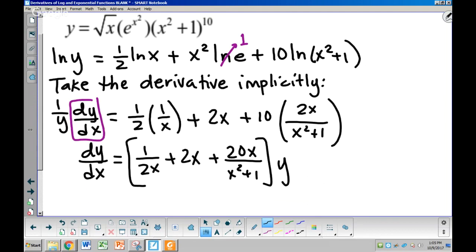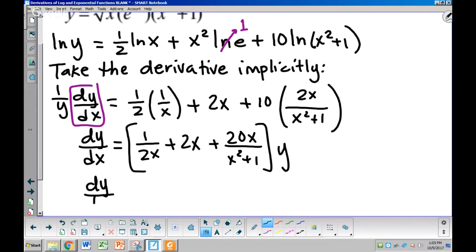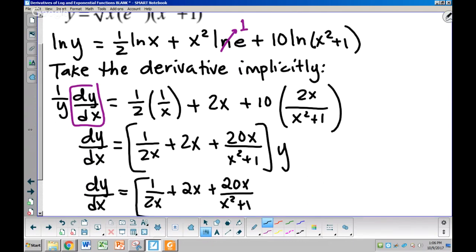Okay, but what is y? The top. So we can say dy/dx is equal to 1 over 2x plus 2x plus 20x over x squared plus 1 times root x e to the x squared times (x squared plus 1) to the 10.